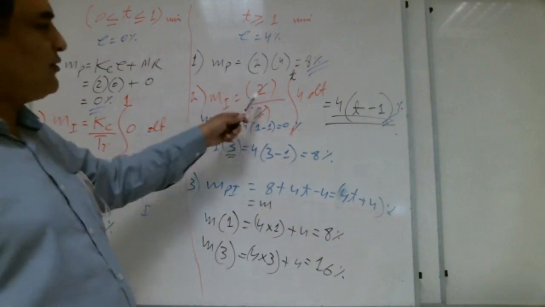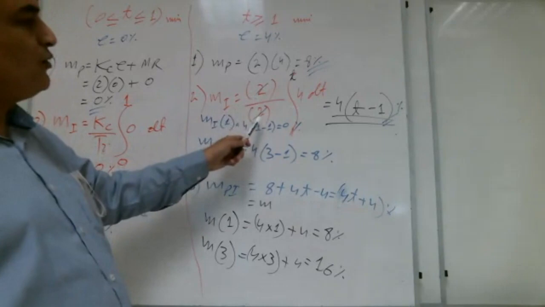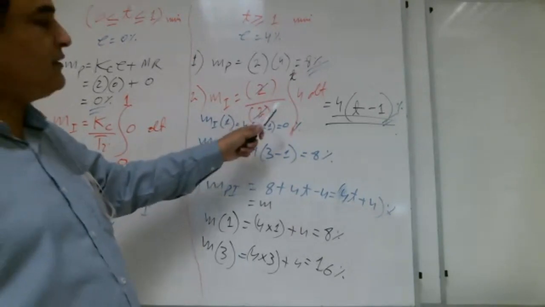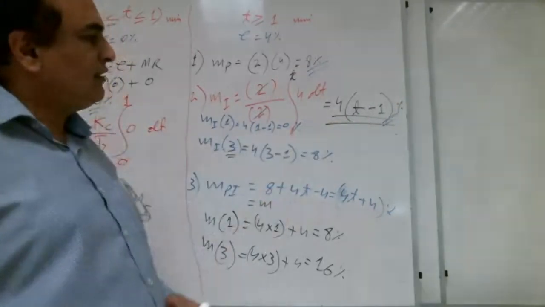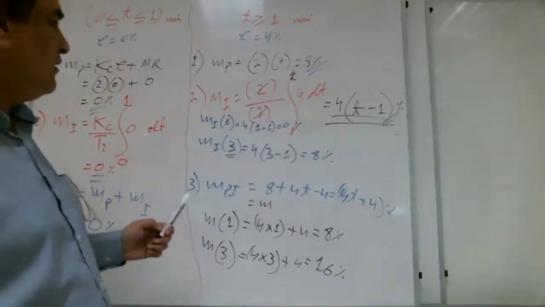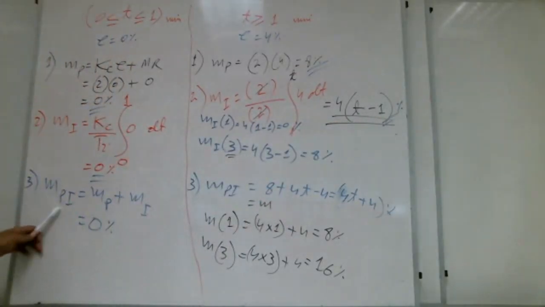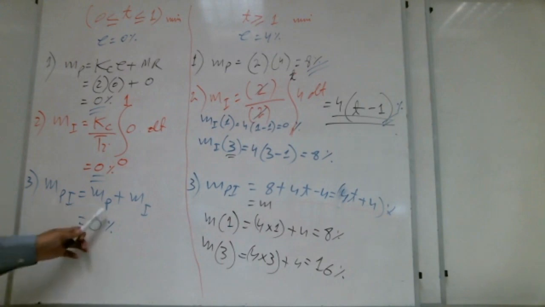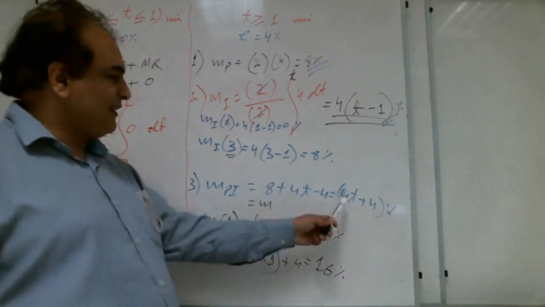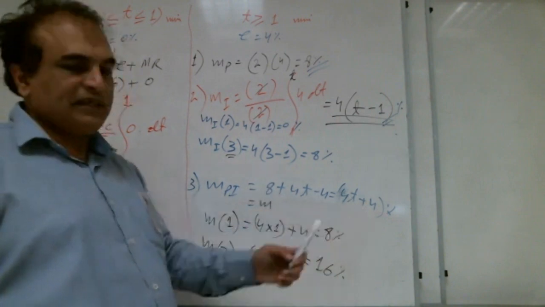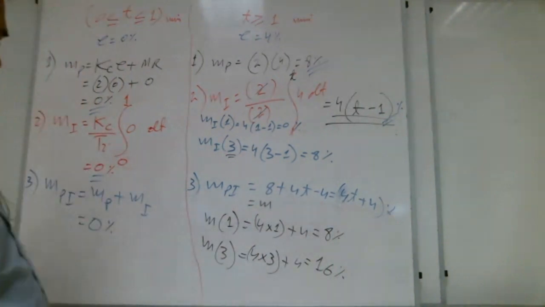Here again, output due to integral action: gain is 2, Ti is 2 minutes per repeat, error is 4 dt. So we cancel it, and get 4t minus 4. Then the third step is always MPI. So output due to proportional action plus integral action, add them. We get 4t plus 4.